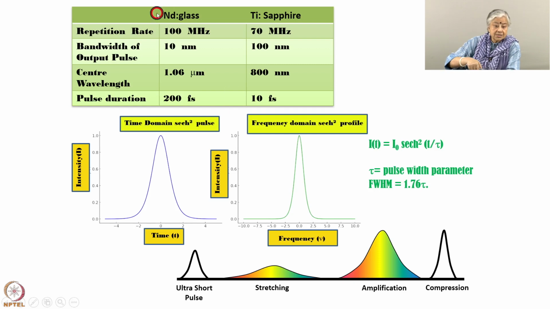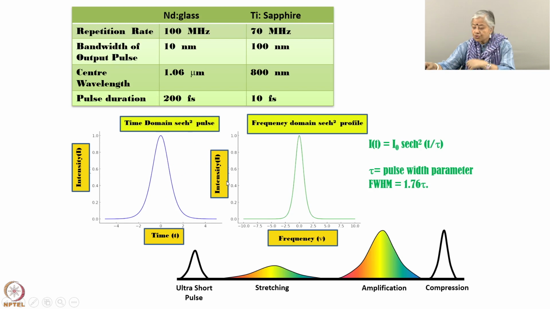The intensity is here, and this is the time, and this is what the structure will look like. It has a spread in the wings, and it is much more peaked than a Gaussian pulse. It has a narrower structure, and in the frequency domain, obviously it will be narrower. It will have a similar kind of structure, which is also a sech square profile, and it is much narrower here. This is in the spectral domain, while this is in the time domain.